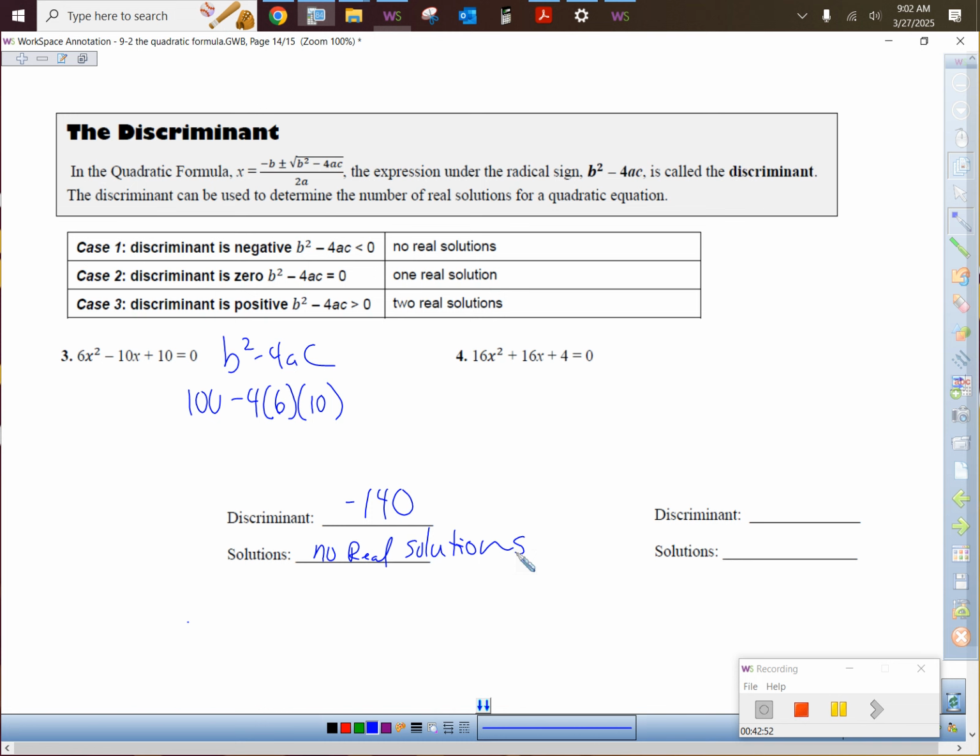And we'll do one more of these, right? Find the discriminant. So b squared minus 4ac. Finding the discriminant.